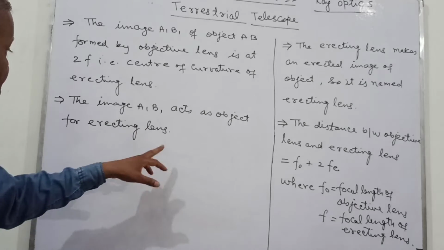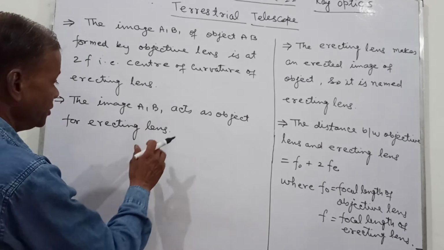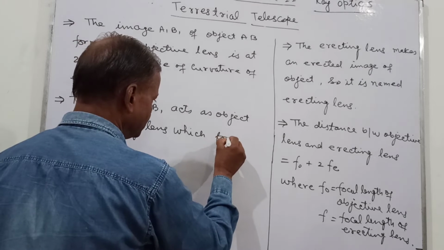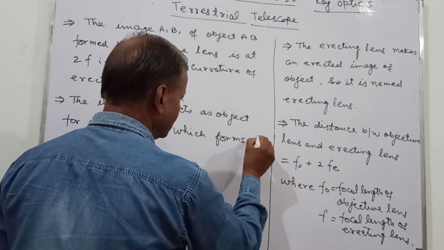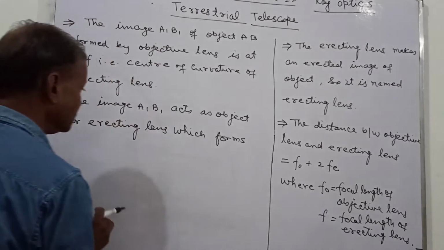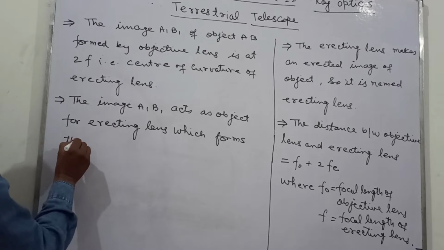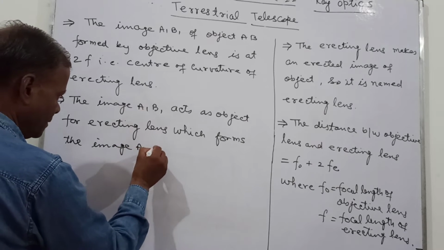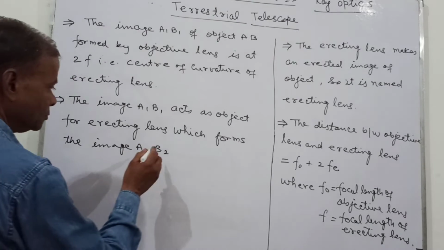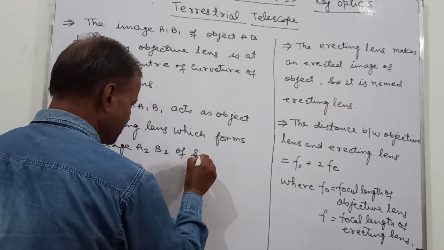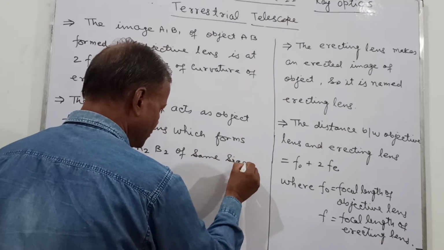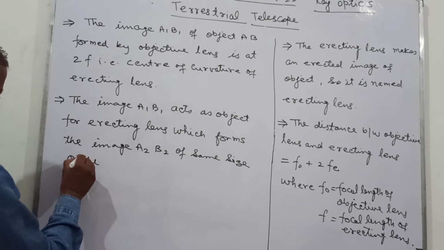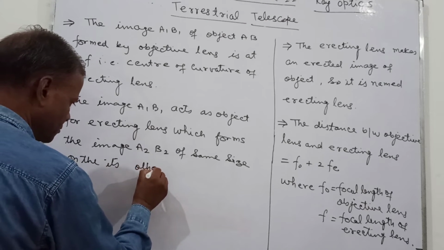It acts as the object for the erecting lens, which forms the image A2 B2 of the same size on its other side.